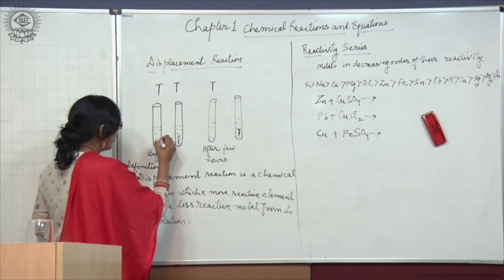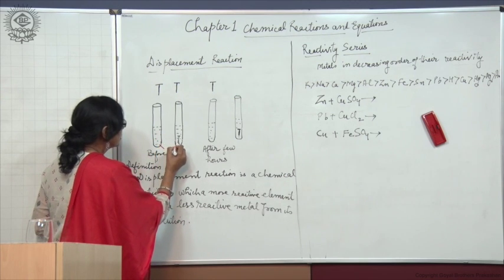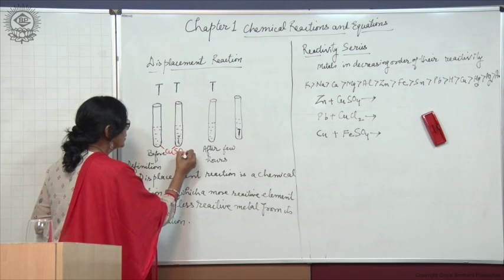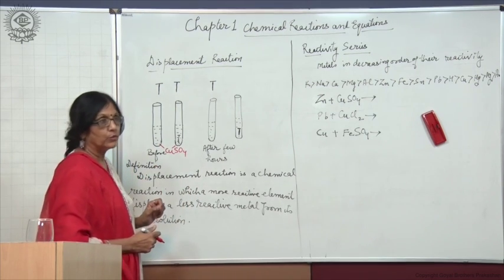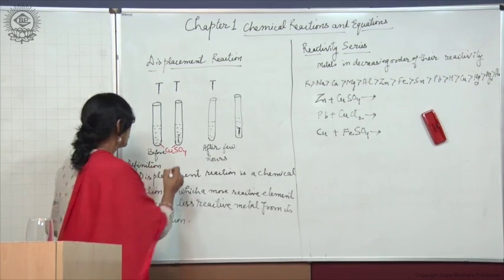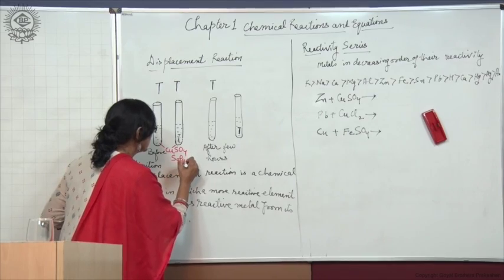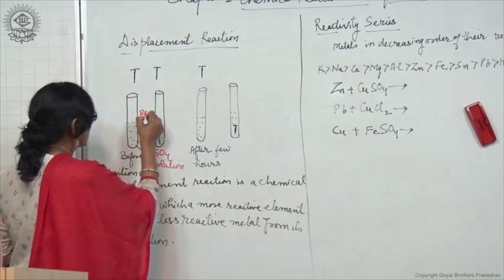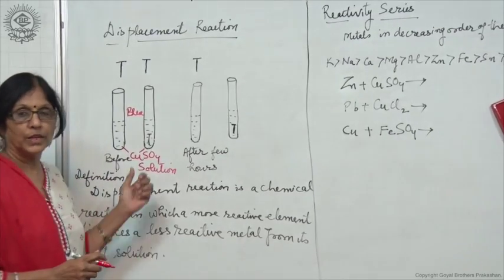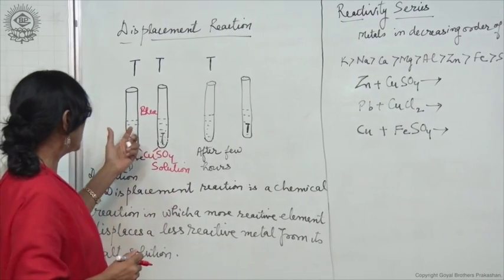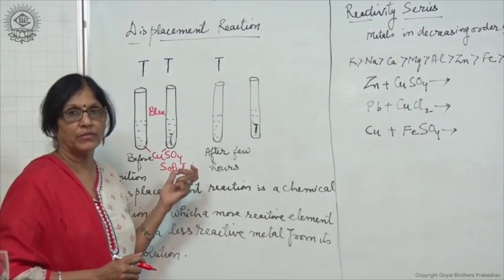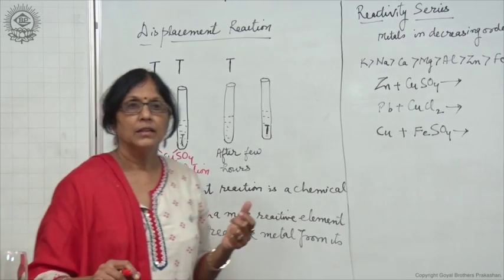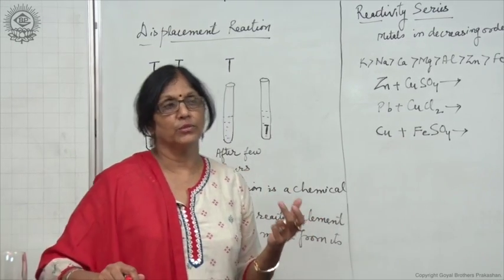On dissolving, you will find that copper sulphate dissolves in water to form a blue colored copper sulphate solution. The color of the solution is blue in both the test tubes. Take equal volume of copper sulphate solution in both the test tubes, and also take fresh iron nails from the market.